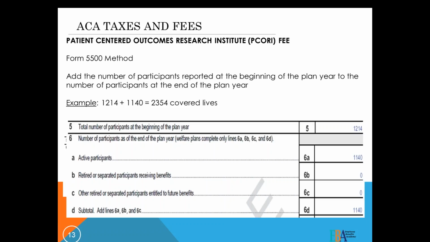So in this example, we have 1,214 participants at the beginning of the year and 1,140 at the end of the plan year. You add those up. This is the average number of covered lives under the 5500 method. If the plan does not allow dependents to be covered, you want to divide that answer by 2.